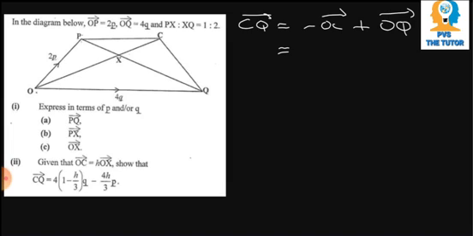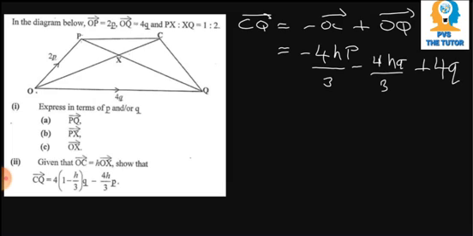We already have OC in the form of H. So we are saying we're having negative 4HP over 3 minus 4HQ over 3 plus, what is OQ? OQ is 4Q.